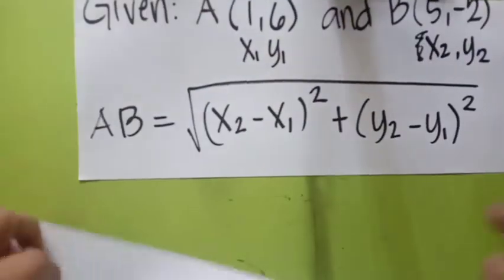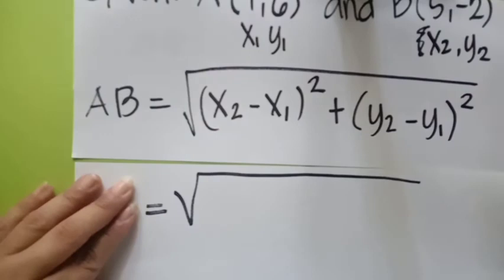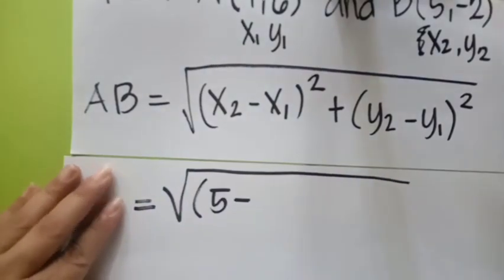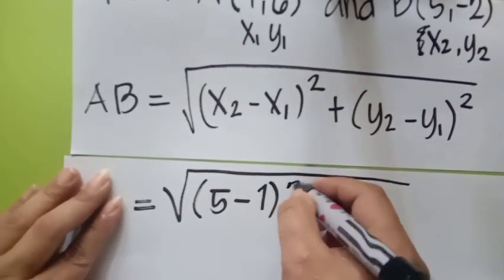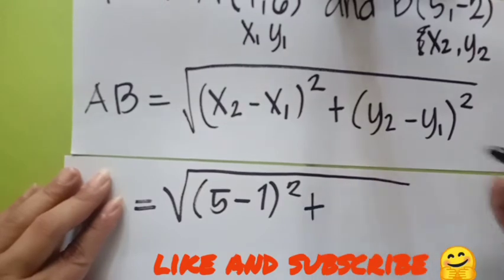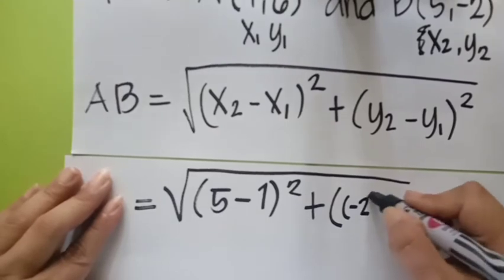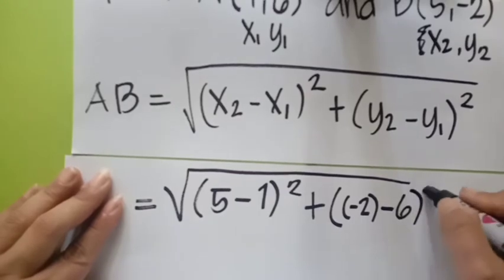Equals the square root of, ano yung ating x sub 2? X sub 2 is equal to 5 minus, ano yung ating x sub 1? X sub 1 is equal to 1. So, (5 minus 1) quantity squared. Plus, ano yung ating y sub 2? Y sub 2 is negative 2 minus, ano yung ating y sub 1? Y sub 1 is 6, quantity squared.